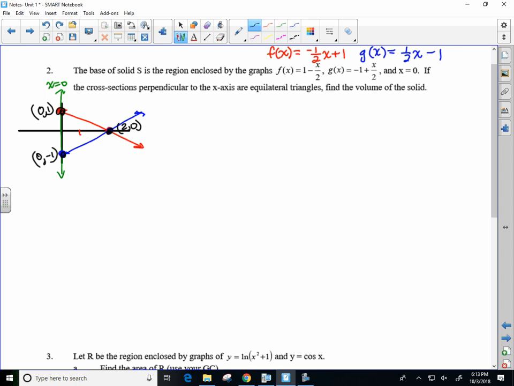So what we have here is the base of solid S. Purple. Right here is the base of solid S. So what we're going to have are triangular shaped cross sections jutting out of the paper. Right?